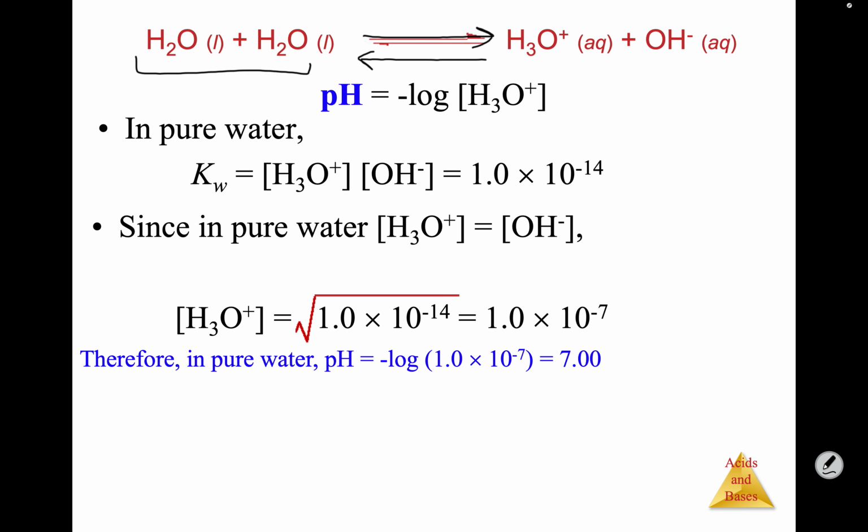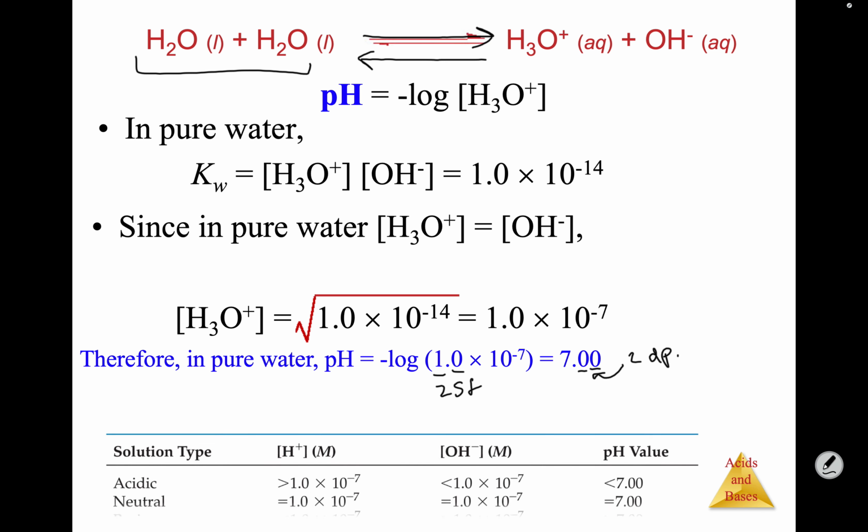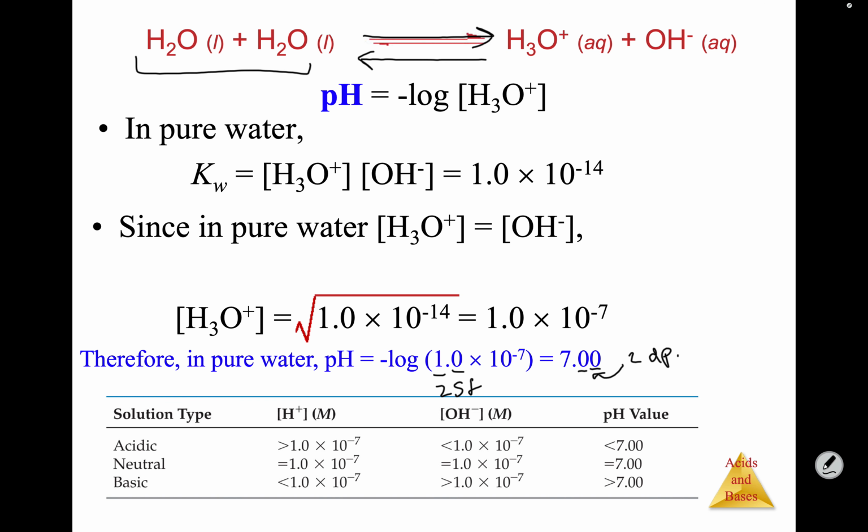2 sig figs in the molarity gives me 2 digits past the decimal point. So what does that give us? That tells us a neutral solution has a pH of 7. We just talked about that.